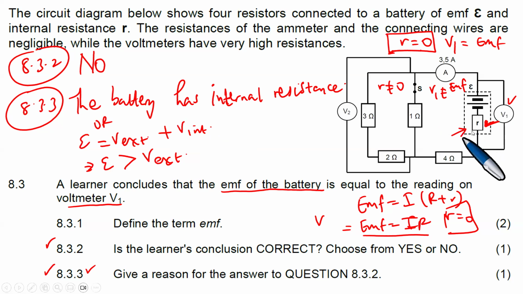As much as it measures a high potential difference, there are lost volts.